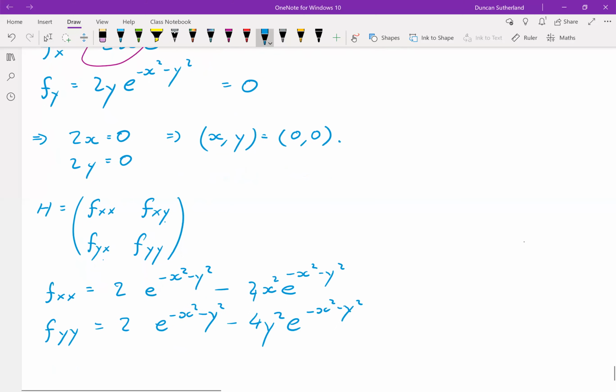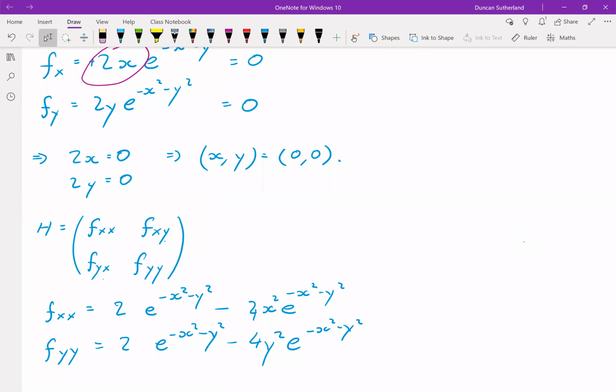The last thing we've got to do is the mixed derivative. So take y, for example, and differentiate with respect to x. That 2y is a constant, so we're just going to be doing function of a function rule. We get minus 4x. There's a y there now out the front as well. E to the minus x squared minus y squared.